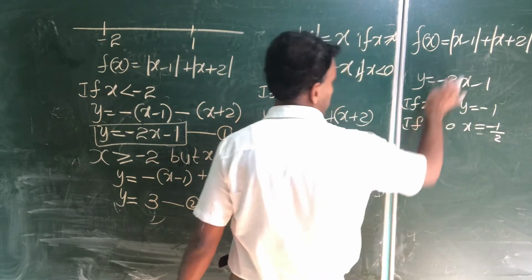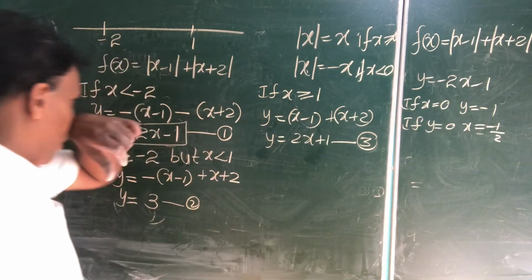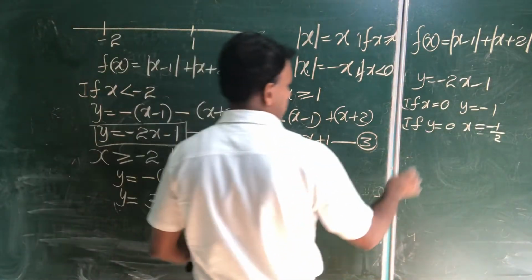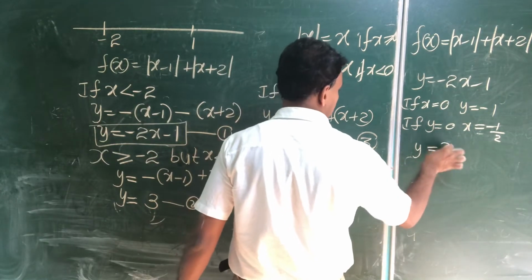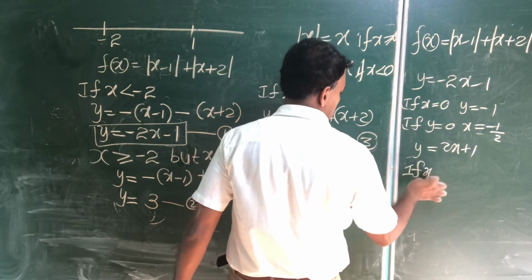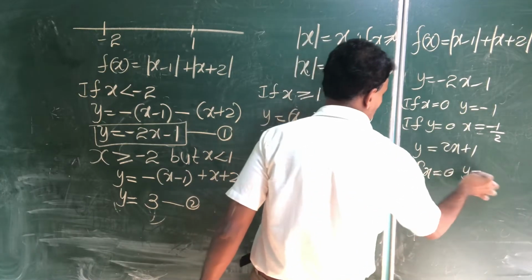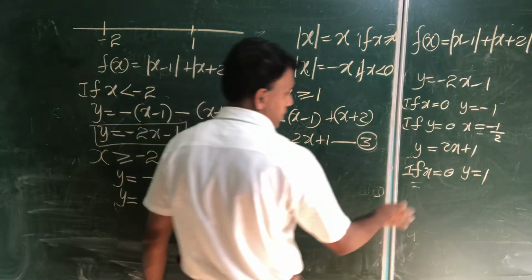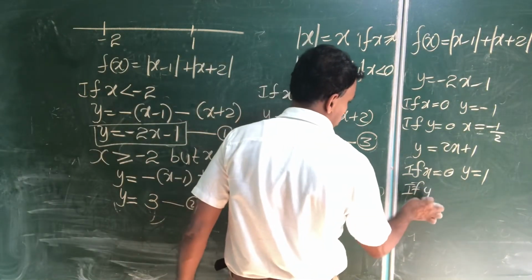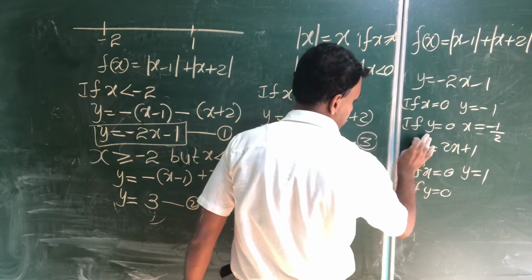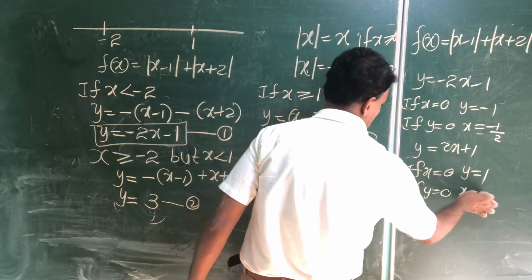Put x for 0, y equals minus 1. y equals 0, x is minus half. Third graph, y equals 2x plus 1. If x is 0, y is 1. If y is 0, what is that? x is minus half, right?